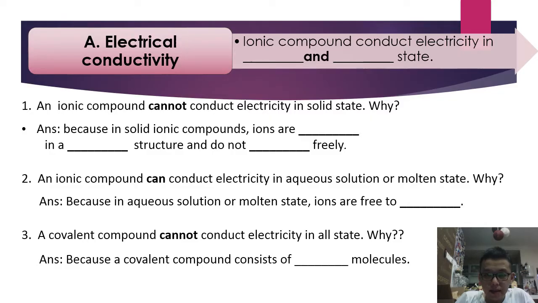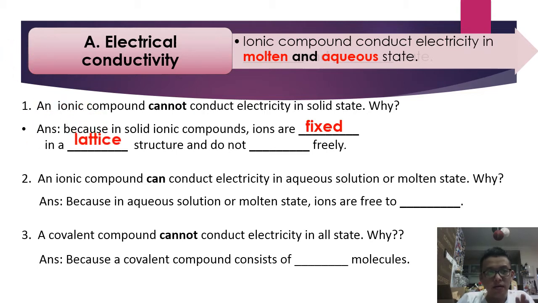Electrical conductivity. Ionic compounds conduct electricity in the molten and aqueous state. If the question asks why ionic compounds cannot conduct electricity in the solid state, you have to answer that in the solid ionic compound, ions are fixed in a lattice structure and do not move freely.